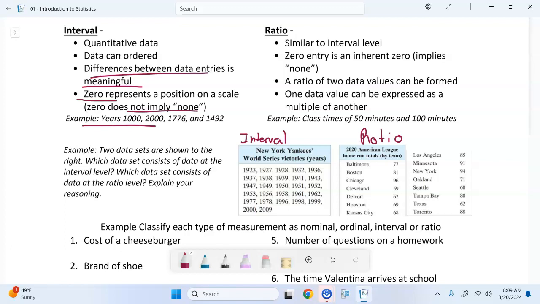Chicago got 15 more home runs than Boston. Sorry, doing that backwards. Okay, there's a meaningful difference. We can also do ratios, and if there was a team that only scored 40, we could say that Tampa Bay scored twice as many home runs as another. So there's these ratio values and multiplications that can happen when we're doing comparisons. Okay, so those are all the different ways we can identify ratio.